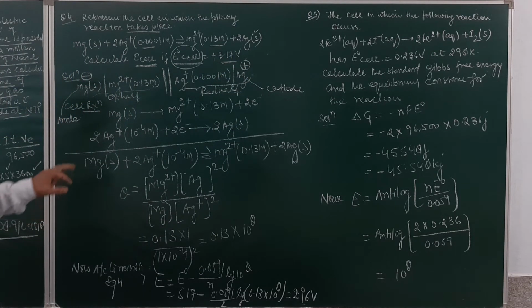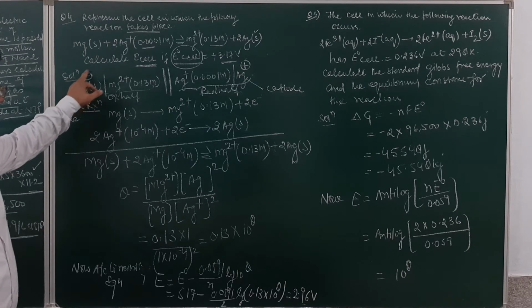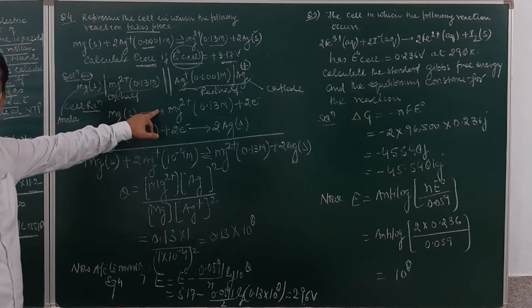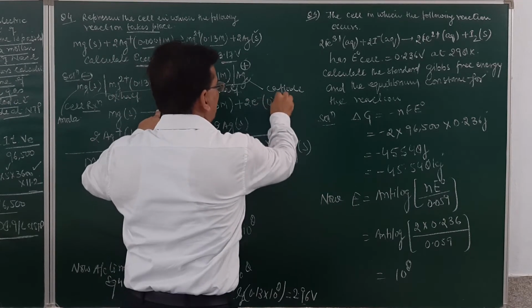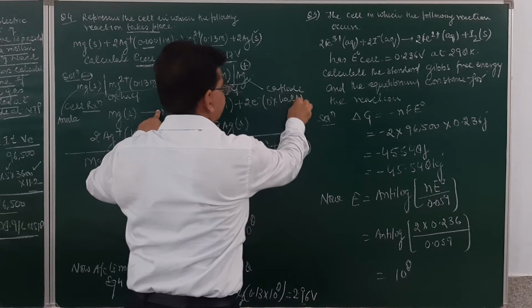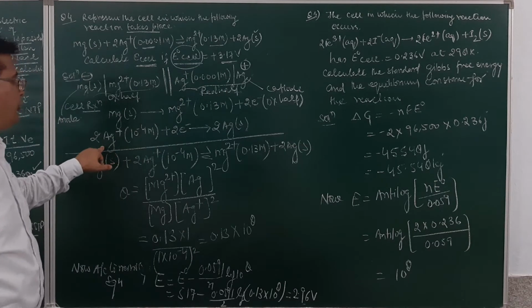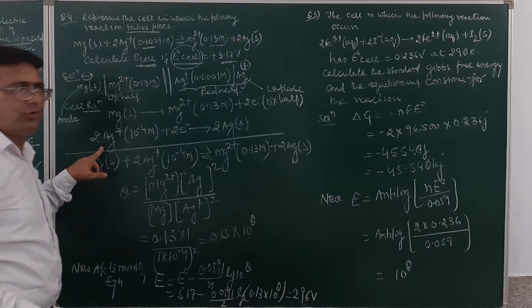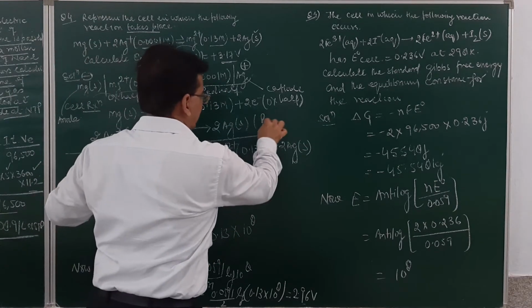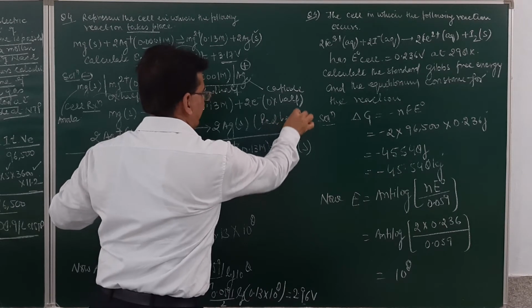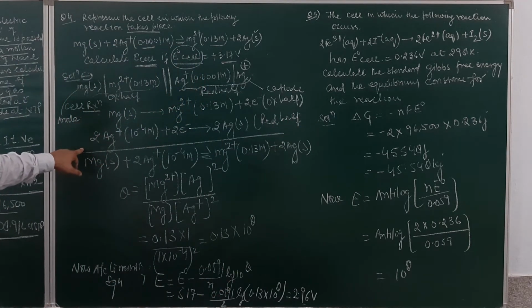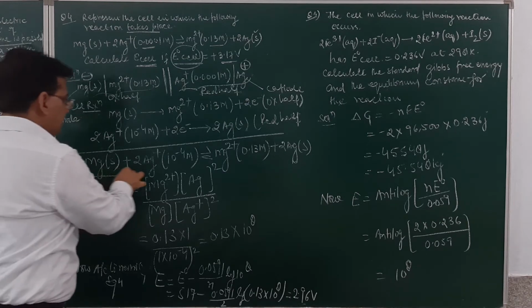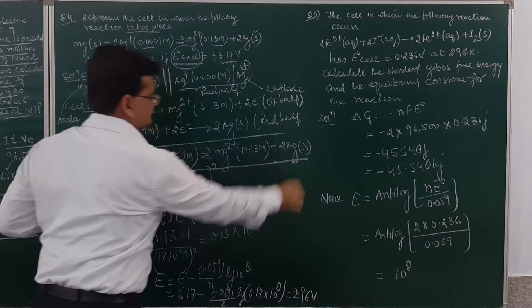How do we find out this? Just see over here. Magnesium is losing the electron to form the magnesium ion. This equation is called an oxidation half. Then silver ion is gaining an electron to form silver. This is a reduction half reaction. Now when the oxidation half and the reduction half combine, it will be the formation of a cell.